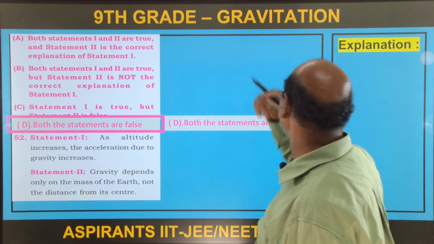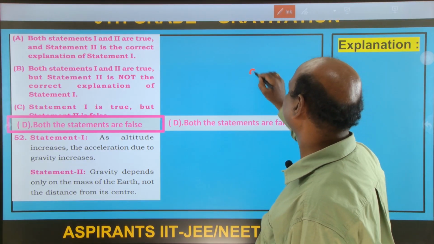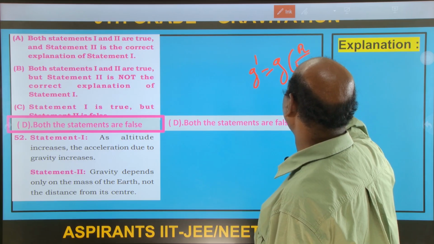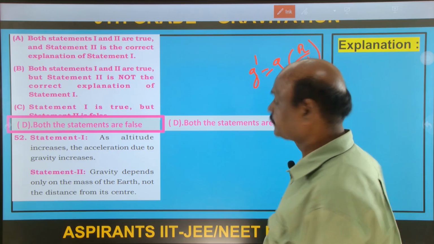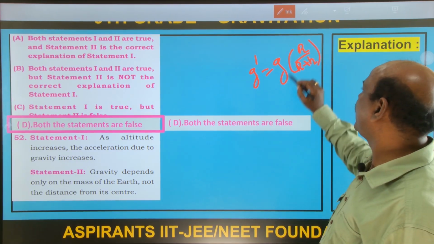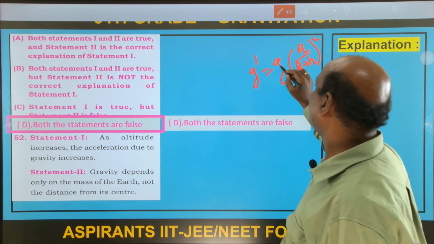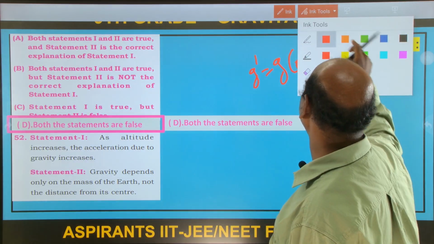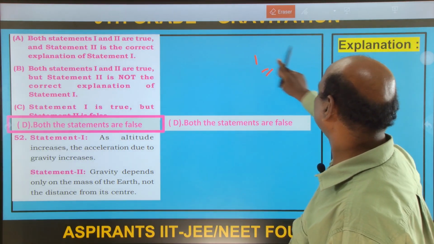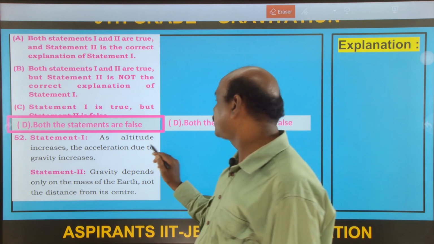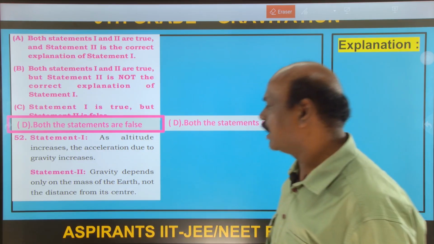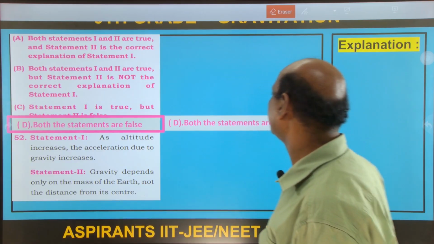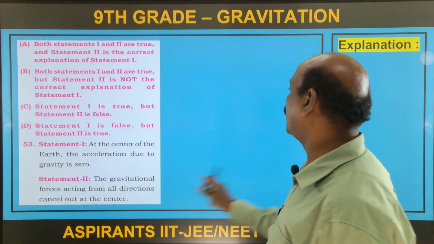As you go high, as you know, g dash is g into R by R plus h squared, which depends upon R plus h, meaning it decreases. So the first is false, and this is also false because it depends upon mass as well as distance. Both statements are false. Next.